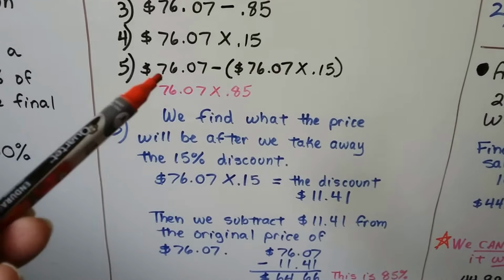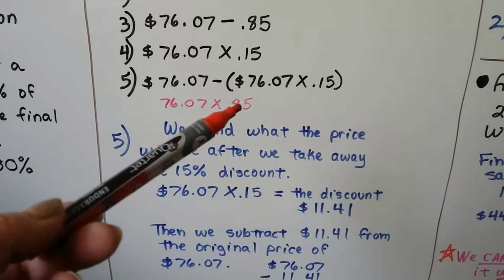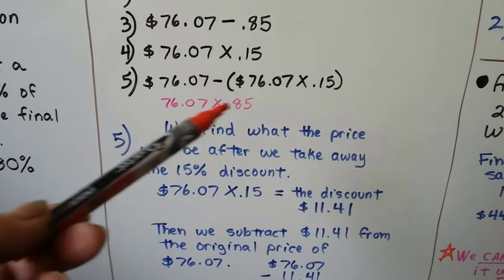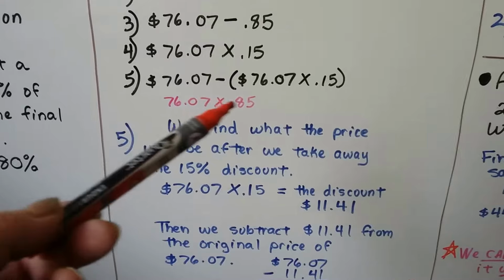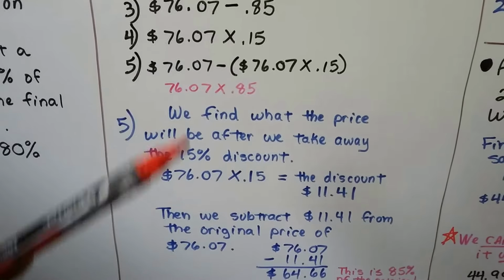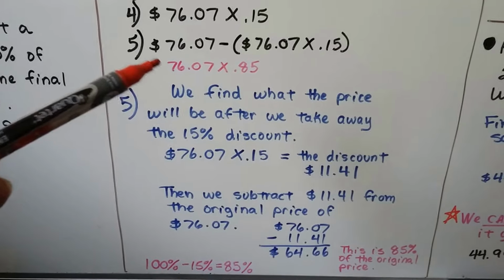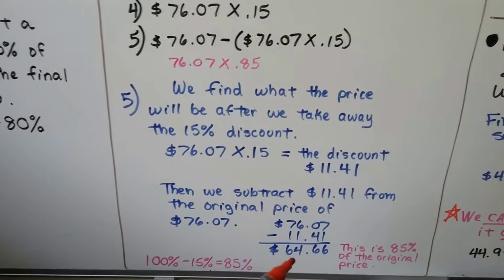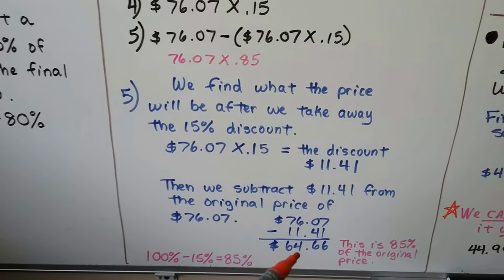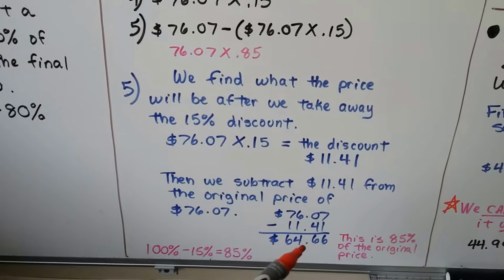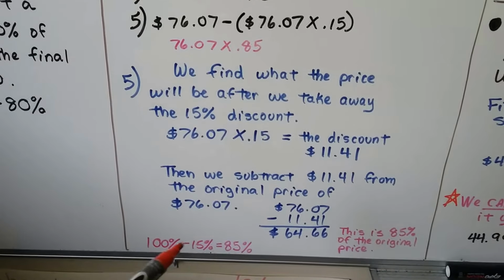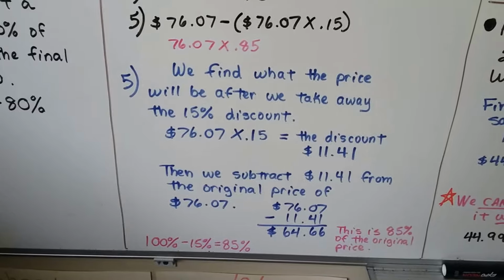We could also look at it as, if we're taking away 15%, the balance is 85%, so we could just find what 85% of this is, and that would be the final price. If we did 76.07 times 0.85, that would give us the $64.66. That's 85% of the original price. 100% minus 15% equals 85%.